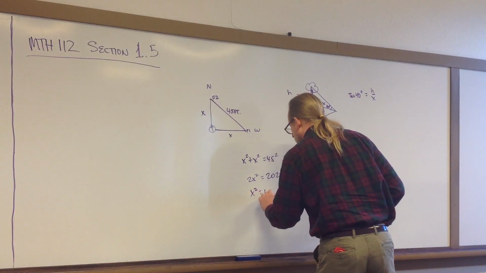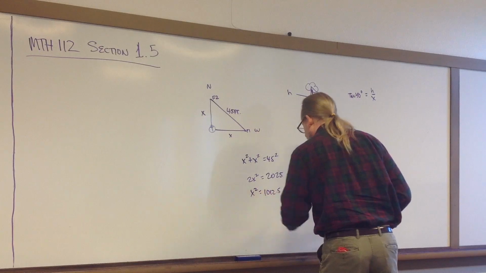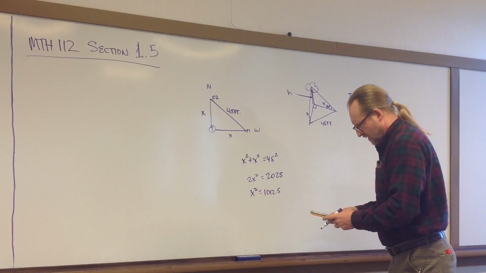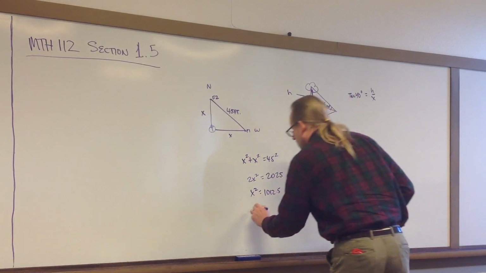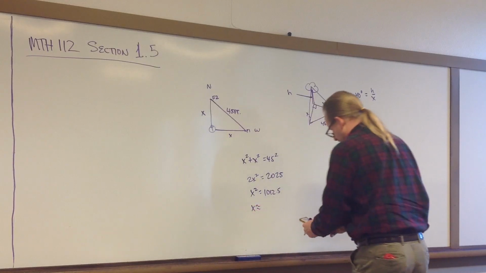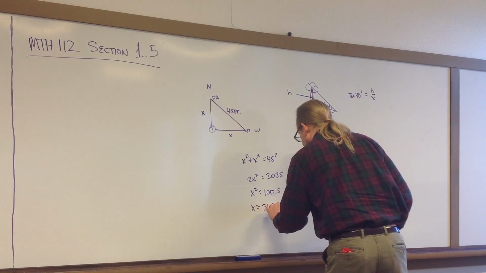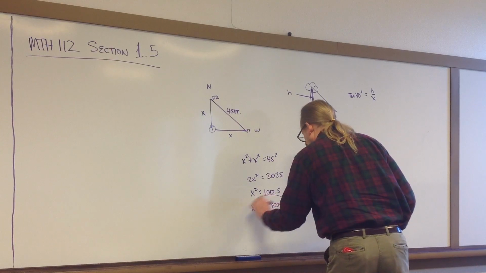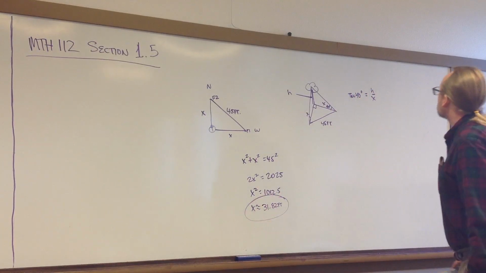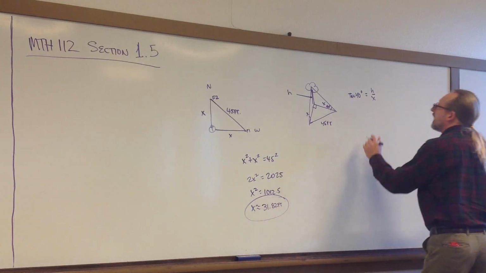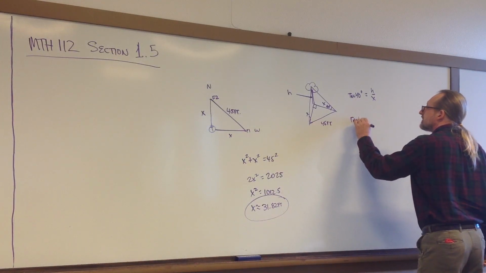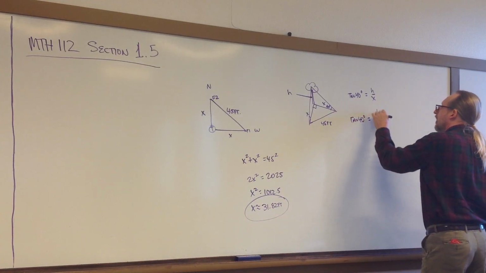X squared is 1,012.5, and then we'll square root that. And so X is going to be approximately 31.82 feet.